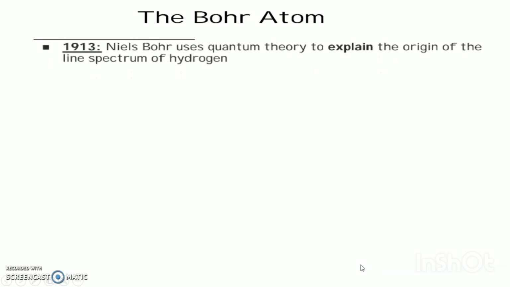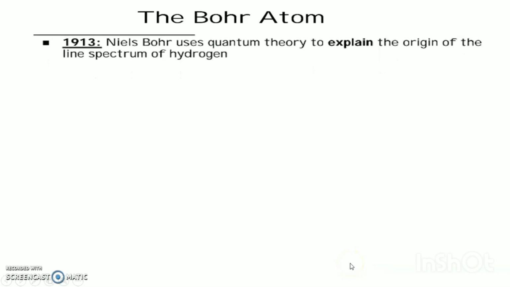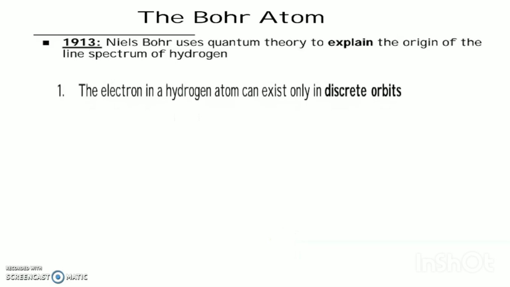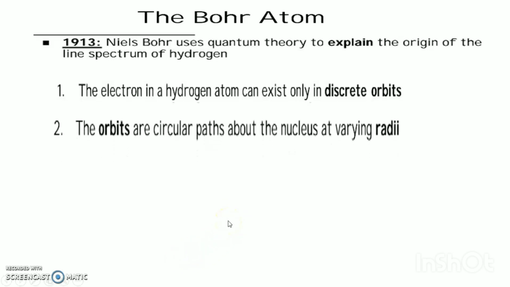The Bohr atom. Niels Bohr uses quantum theory to explain the origin of the line spectrum of hydrogen. The electron in a hydrogen atom can exist only in discrete orbits. The orbits are circular paths about the nucleus at varying radii.